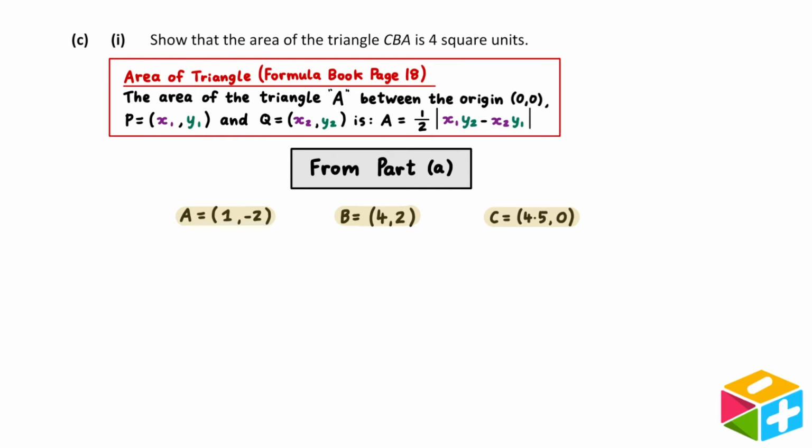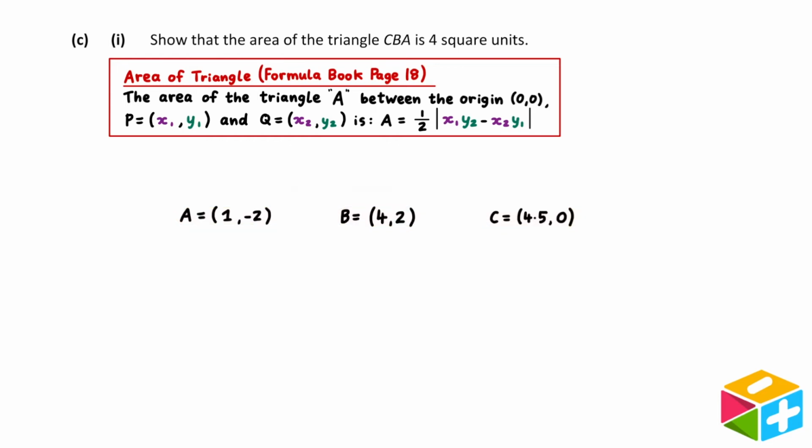And C is equal to (4, 0). These 3 points define a triangle. Unfortunately, we won't be able to apply our formula directly. This is because it's very specific. It insists that one of the 3 points is the origin, (0, 0).